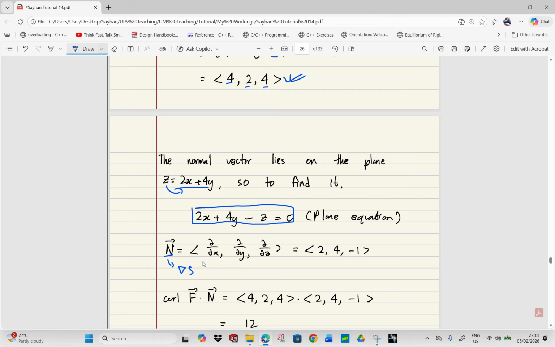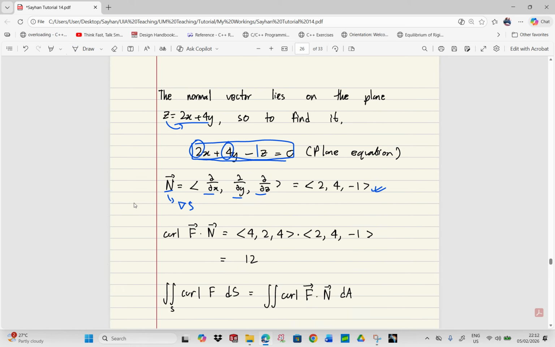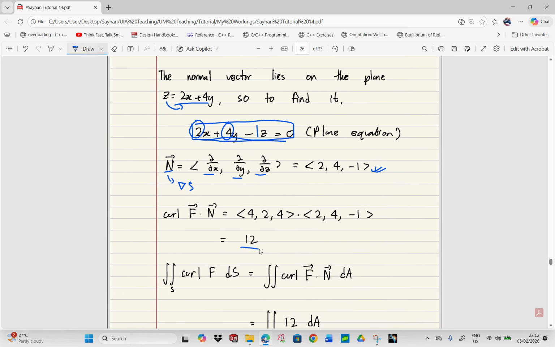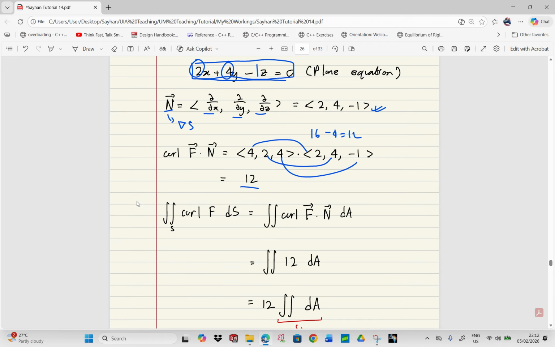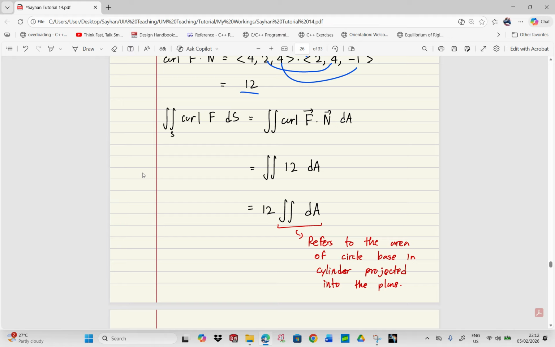So you find del dx for this expression, which is obviously going to be 2, del dy is going to be 4, and del dz is going to be -1. So you get 2, 4, -1, and once you do the dot product, you end up getting 12. Because 4 times 2 is 8, 2 times 4 is 8, that's 16, and then of course 16 minus 4 is 12. Okay, right? Then you get 12 dA.